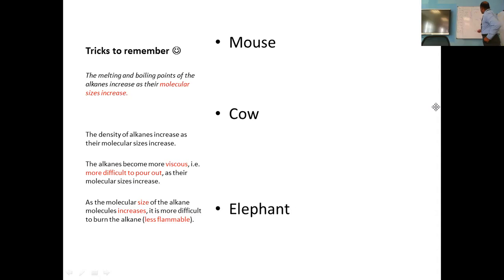So the idea comes: CH4 is very small, like a small mouse. Methane is a very small molecule, like a mouse.